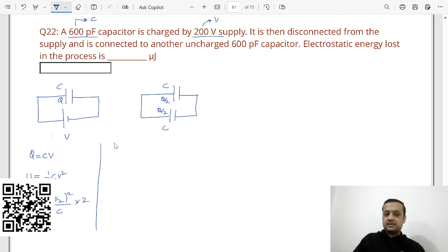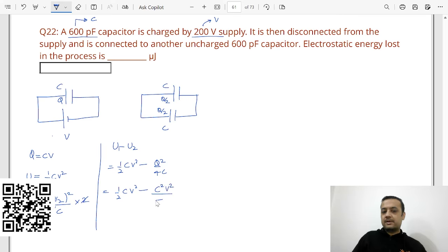Now what is the loss in the energy? The loss in the energy is U1 minus U2. That means half CV square minus q square by 4C. The value of q is already known to us, so if you put q as CV here, this will become C square V square by 4C. So this expression becomes half CV square minus CV square by 4, which is nothing but CV square by 4.